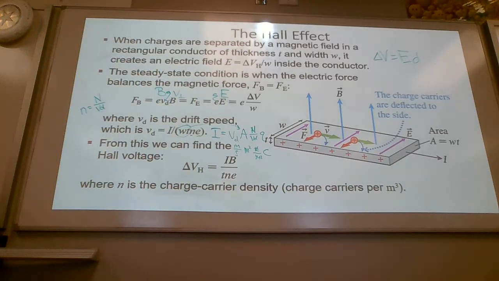Okay. So, Hall effect. Well, we need to like derive that equation. Maybe.